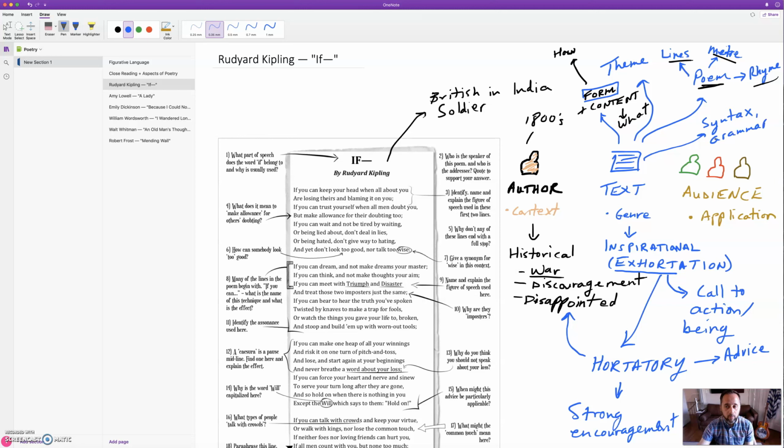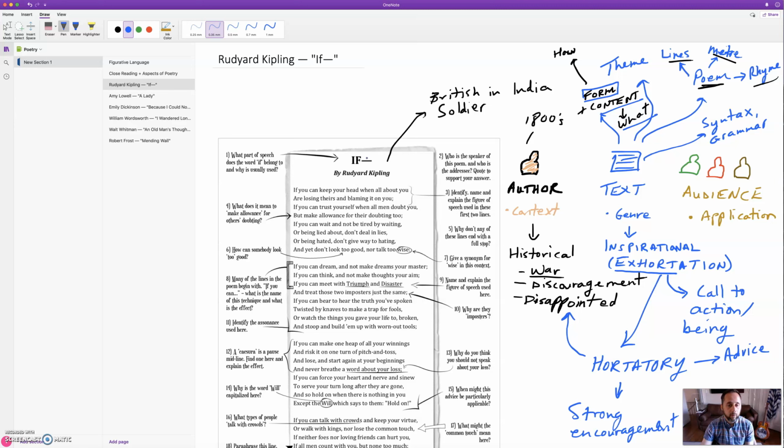These are all specific choices that the author makes to communicate his message, the what, the content. So let's dig in and we'll get started.